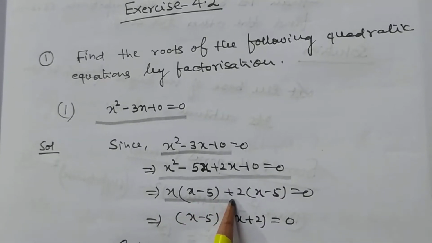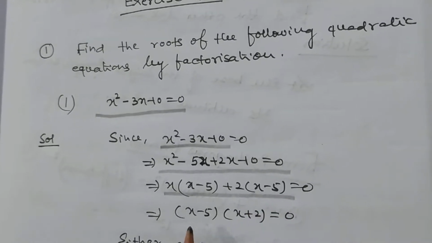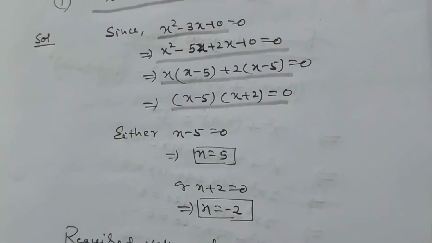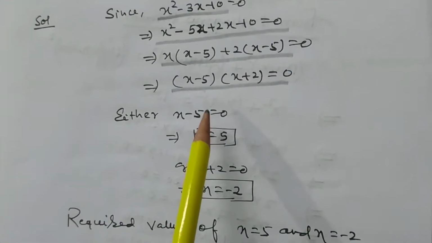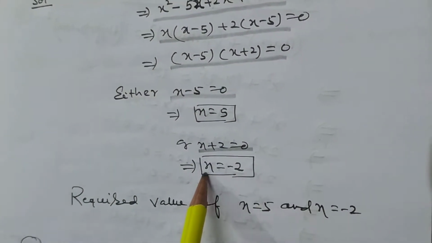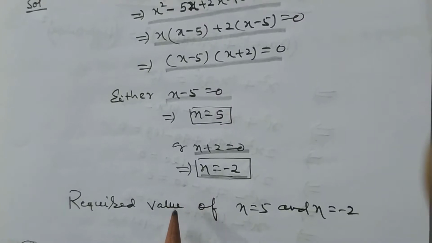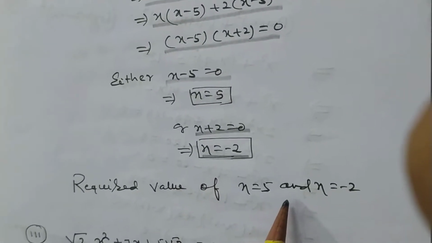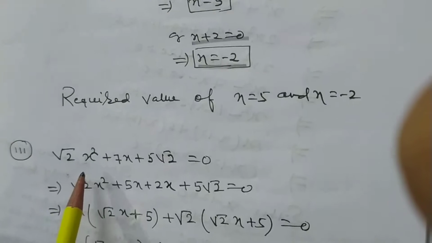Taking common x, we have x minus 5, and 2 times x minus 5. So (x minus 5) into (x plus 2) is equal to 0. So either x minus 5 is equal to 0, so x is equal to 5, or x plus 2 is equal to 0, that is x is equal to minus 2. Required values of x are 5 and minus 2.